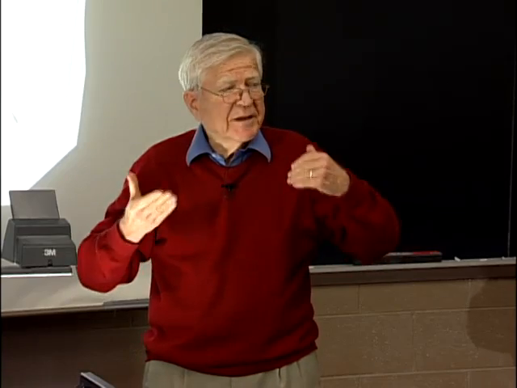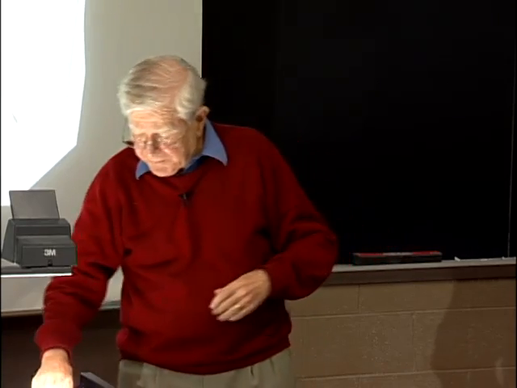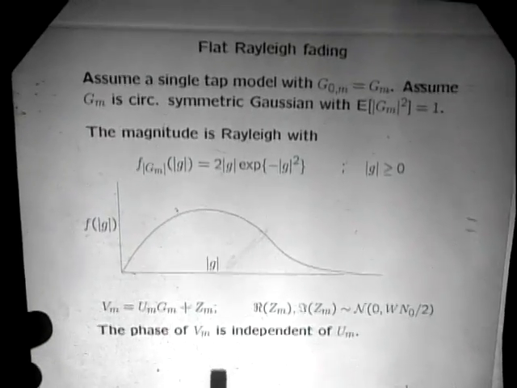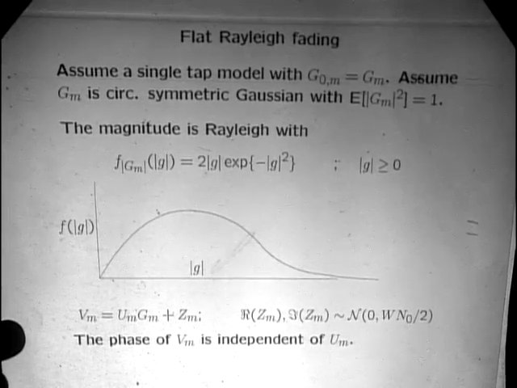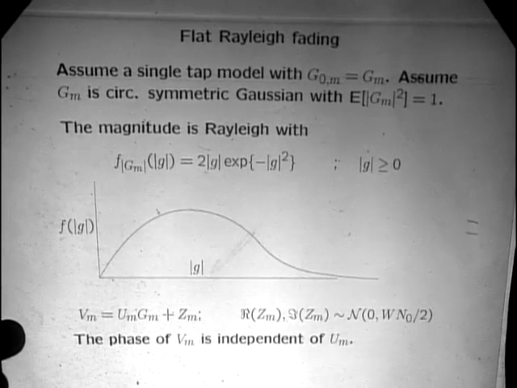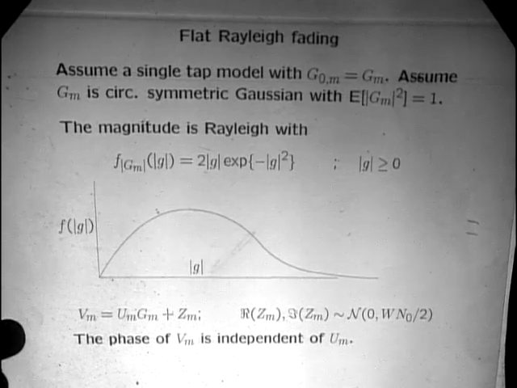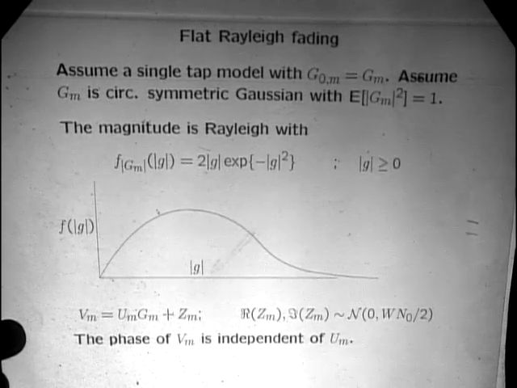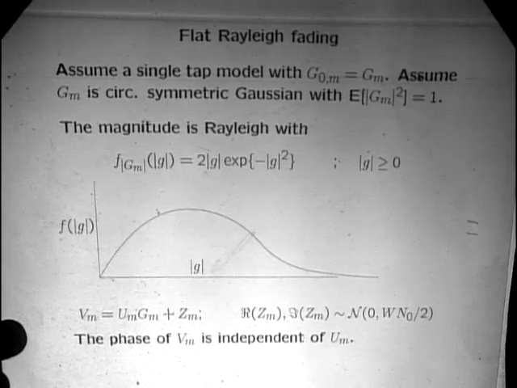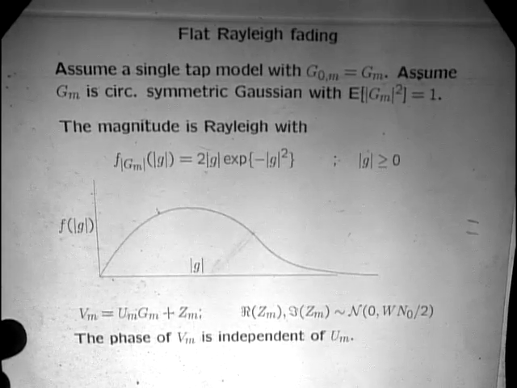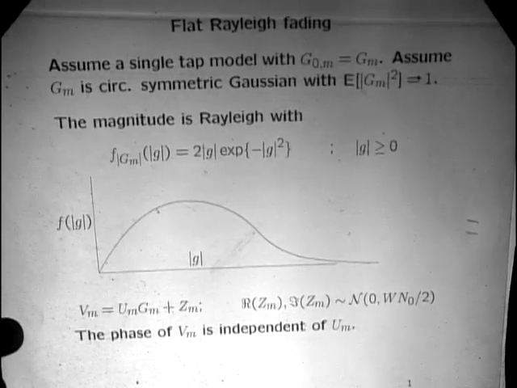Namely, the phase of the output cannot possibly tell you anything about what input you're putting into the channel. So in this model that we're using, the phase is completely useless, and if we want to talk about anything connected to using likelihoods, the only thing we can use is the magnitude of the output.